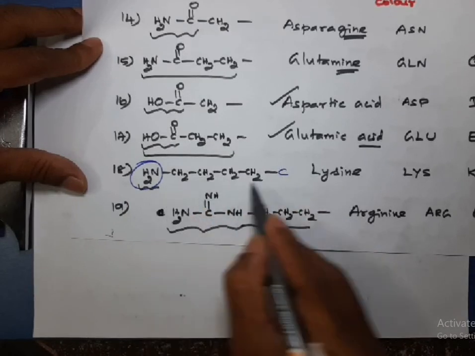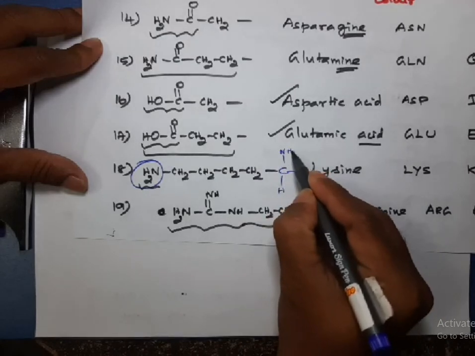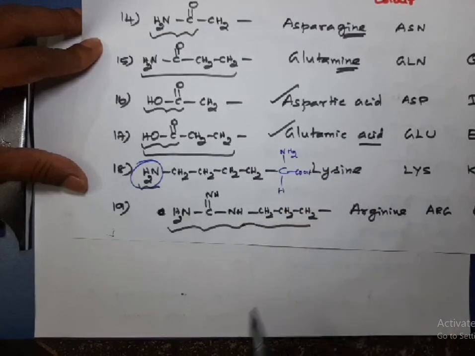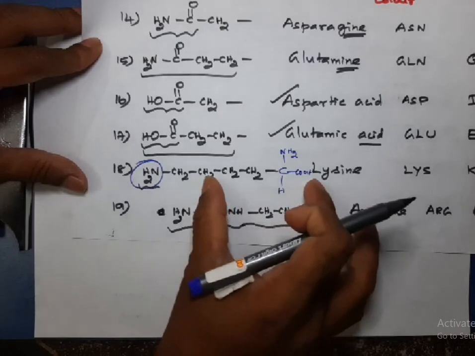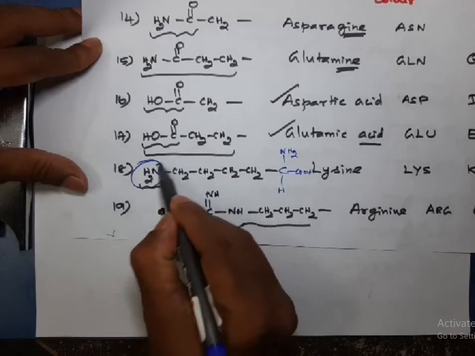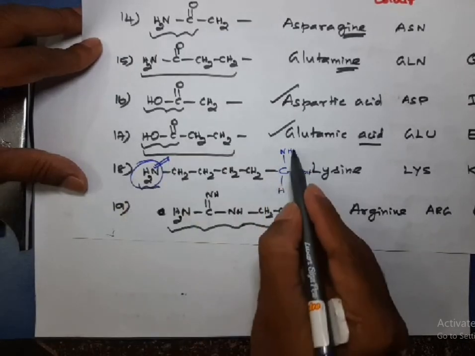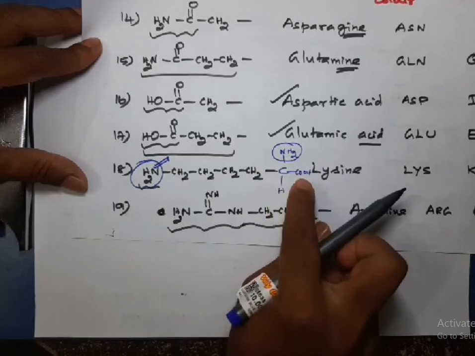You know very well, that alpha carbon contains one amino group and one acid group already. This is the usual structure of an amino acid. Now this R group also contains one more NH2. So if you count the number of NH2 groups, I have two NH2 groups and one acid group.